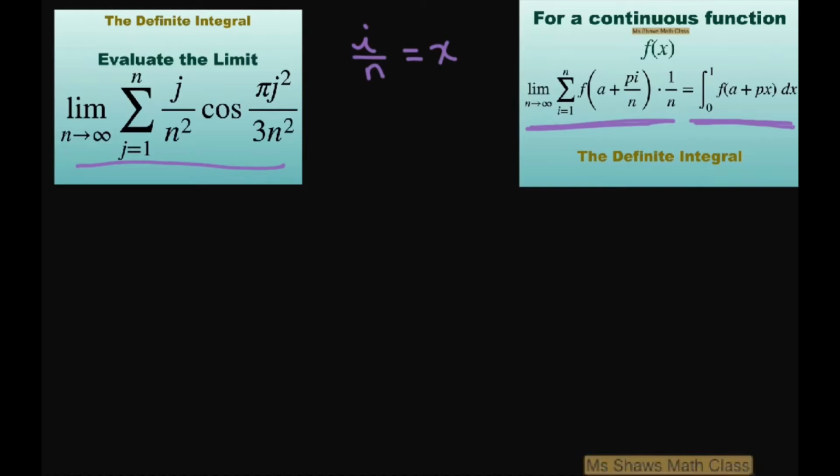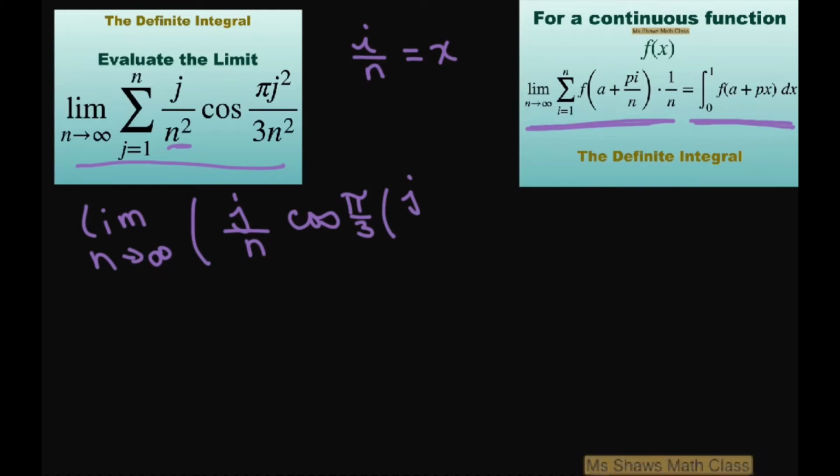So what we're going to do is write it in that form and write it as the limit as n approaches infinity. And I'm going to write j divided by n. And I know this is n squared, but we're going to use that in just a minute. And then we're going to write cosine of pi divided by 3 times j divided by n squared.